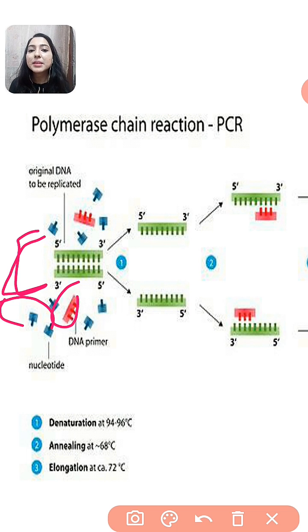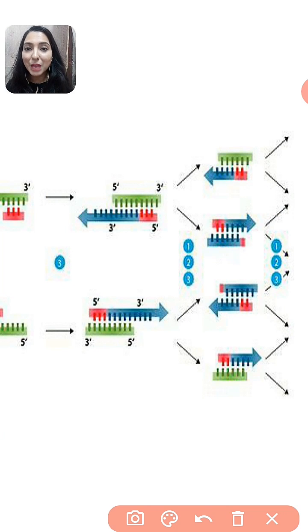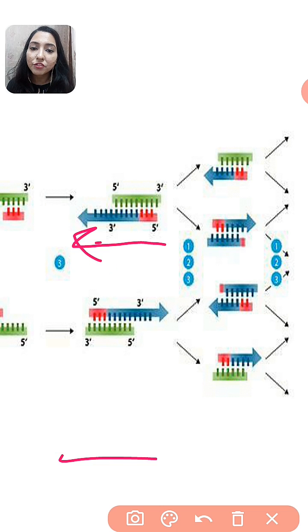First, we need to separate the two strands of DNA, which is generally done at high temperature, and the process is known as denaturation. Then the DNA primer attaches at the 5' position. Next step is maturation of DNA. Here the primer adds nucleotides in the 5' to 3' direction.